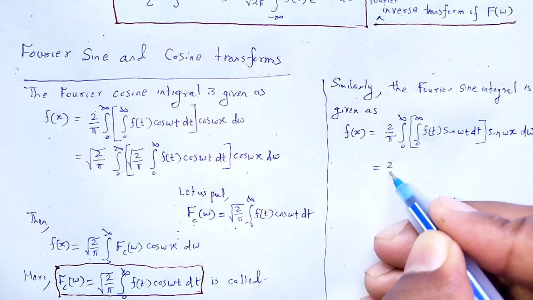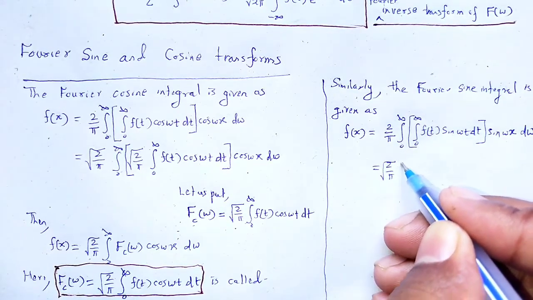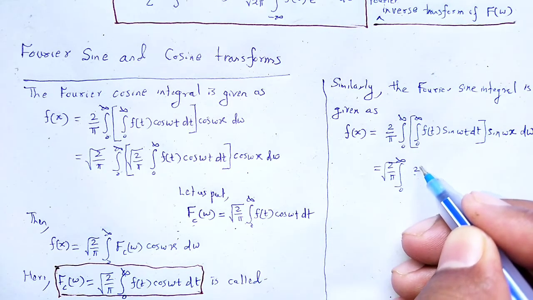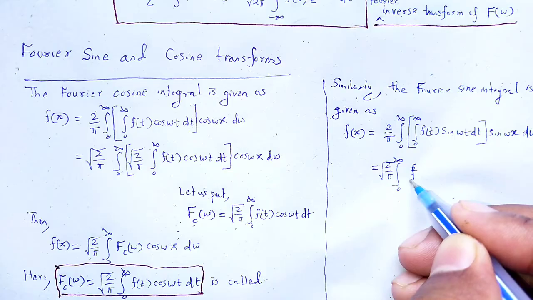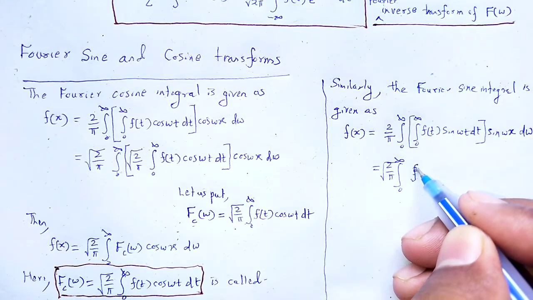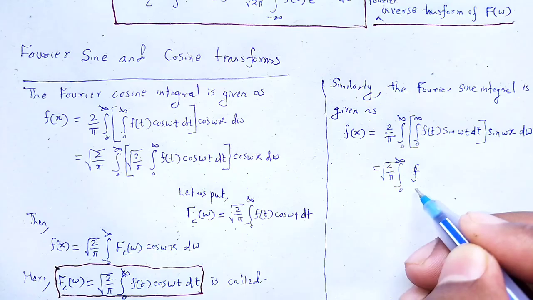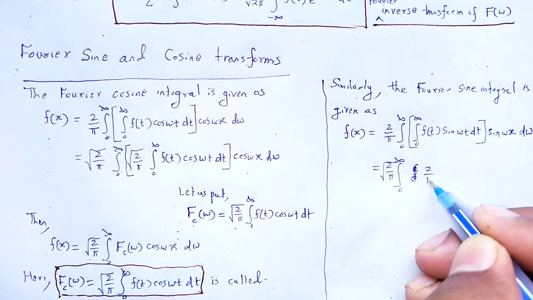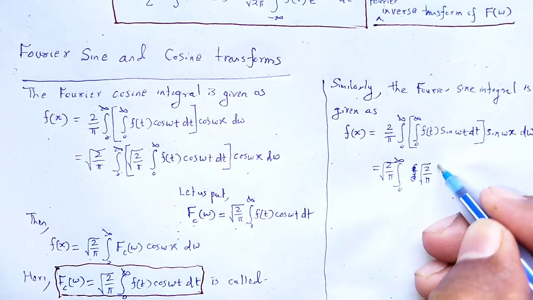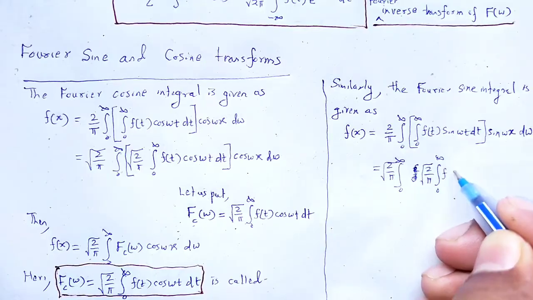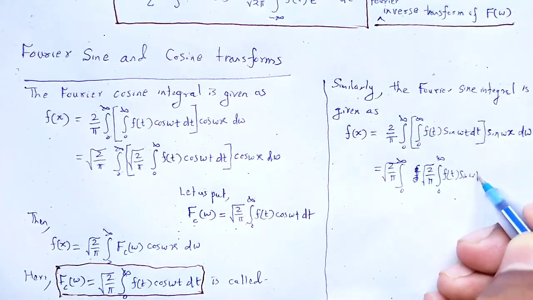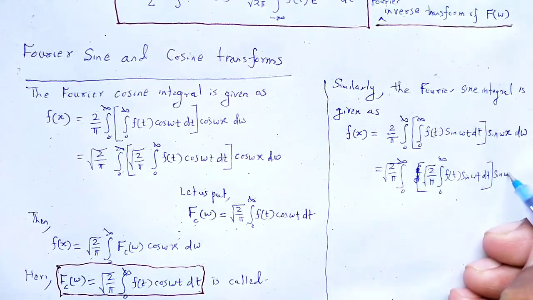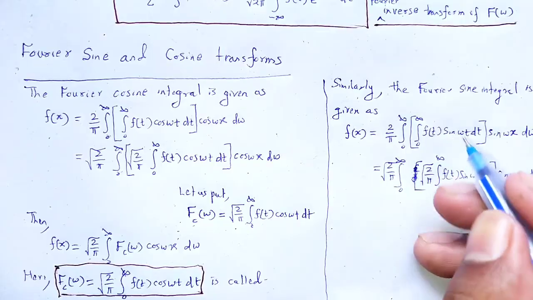Again introduce 2 by pi under root integration over 0 to infinity f of t sin omega t dt sin omega x d omega. There will be no such change.